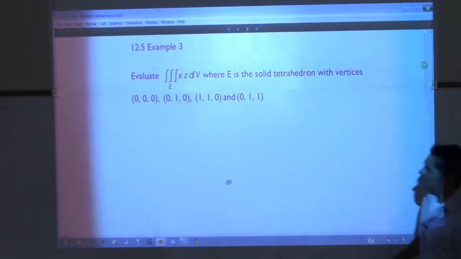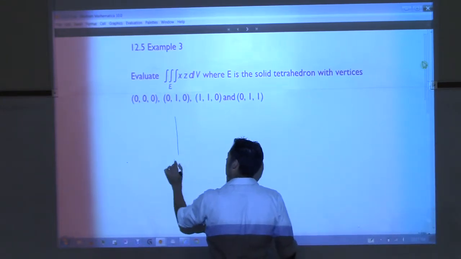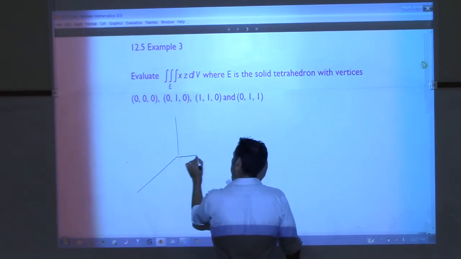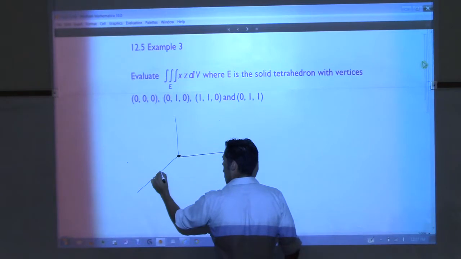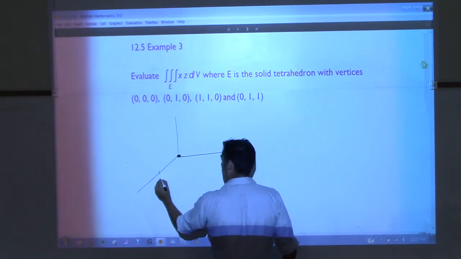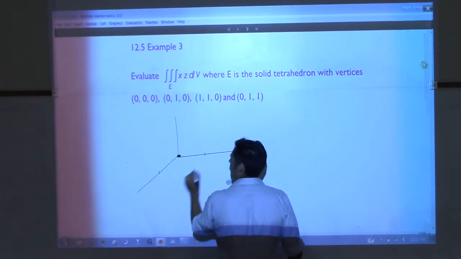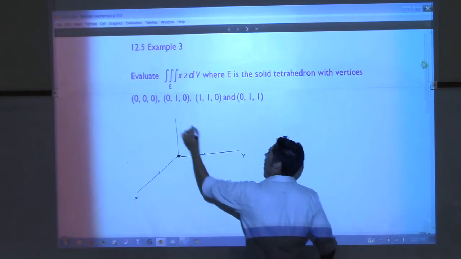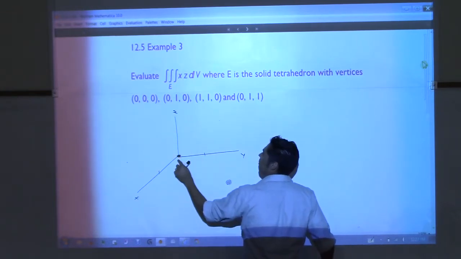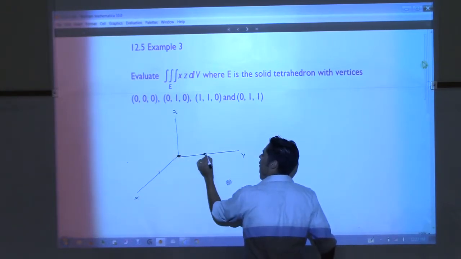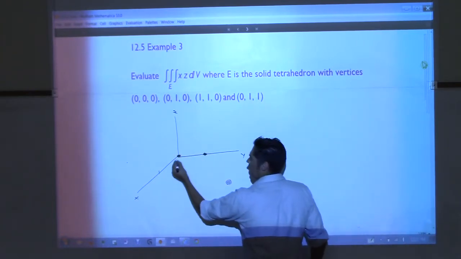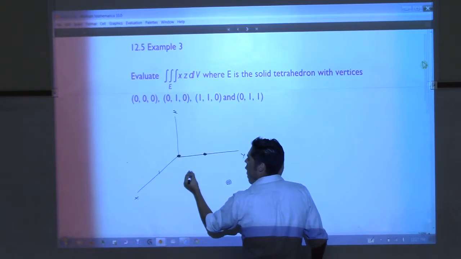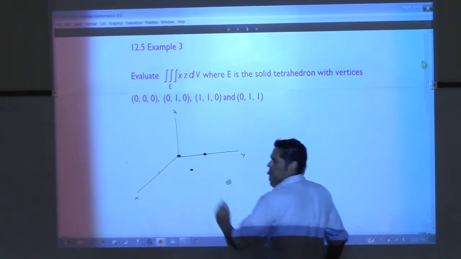Now this should be relatively easy to draw. Let's see, 0, 0, 0 is there. Then 0, 1, 0. Here's x, here's y, here's z. So there's 0, 0, 0, and 1, 0, 0 is here. 1, 1, 0 is out 1, over 1, right there.